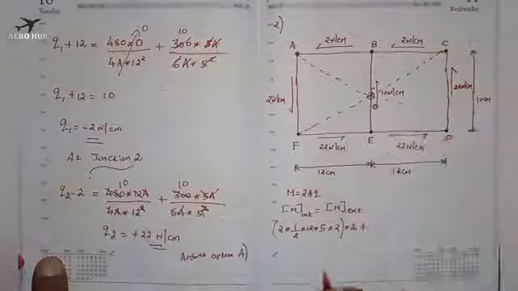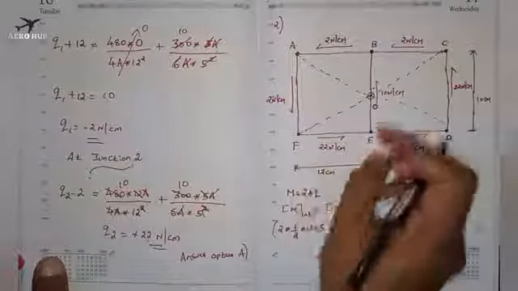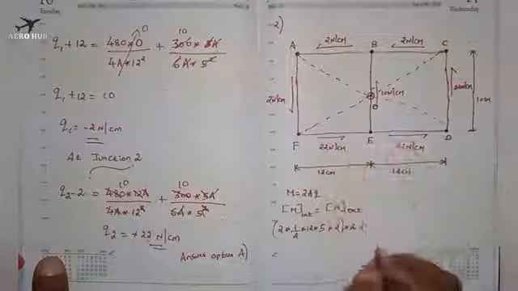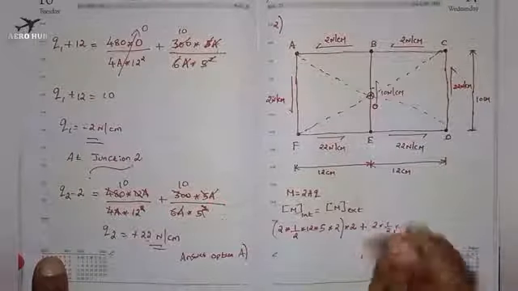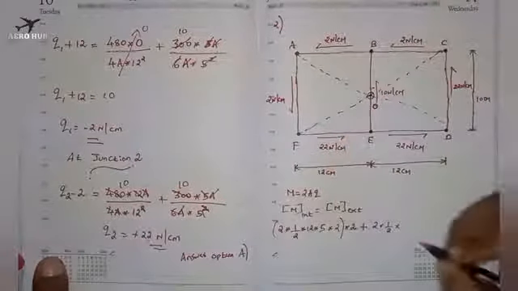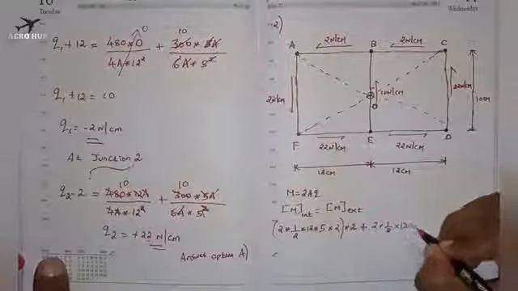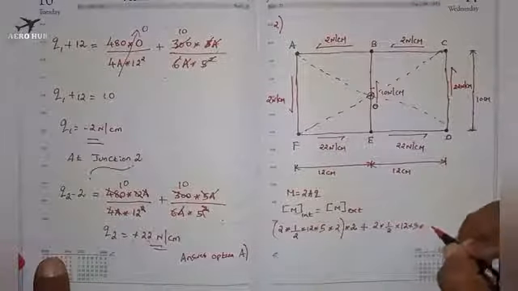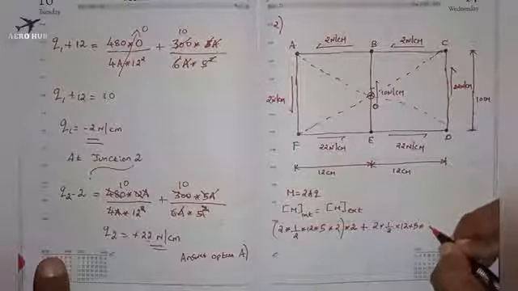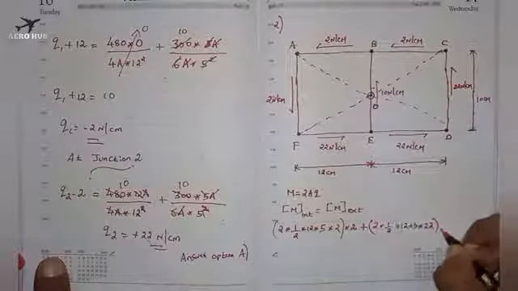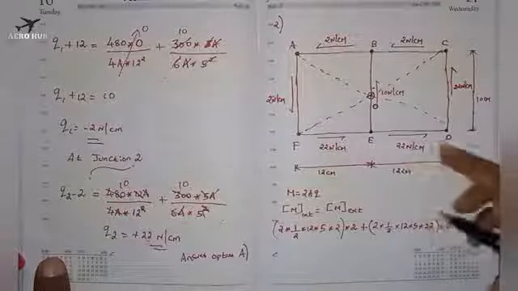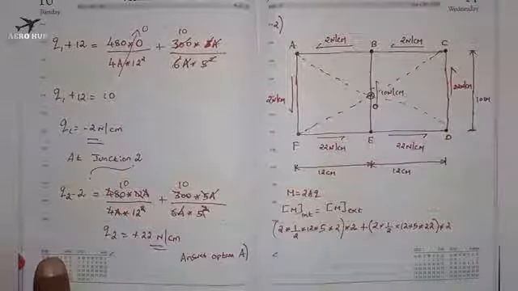Both will have the same dimensions, 12 and 5, and the same shear flow. 2 times the area is half into 12 into 5, this is the area, and the value of shear flow is 22, into 2, since ED and FE are the same.